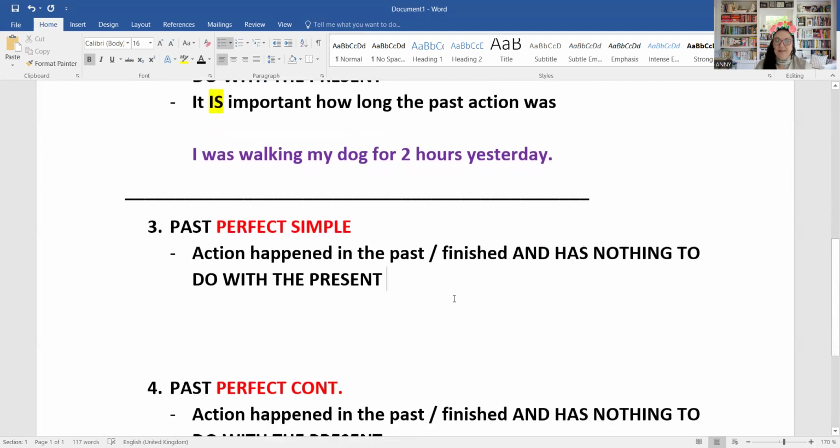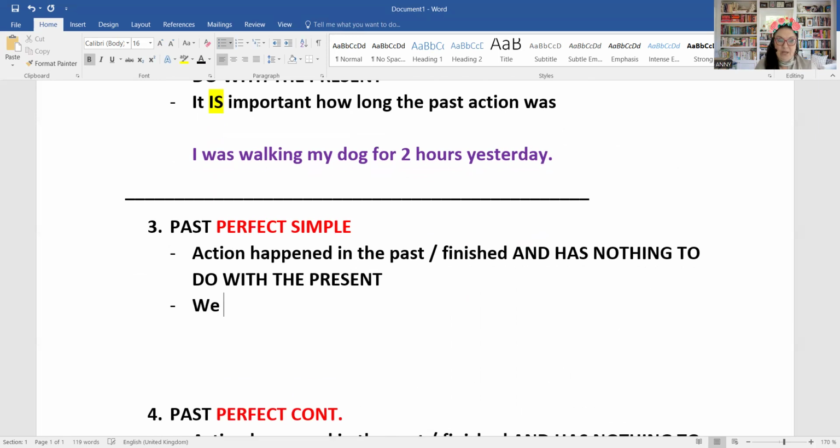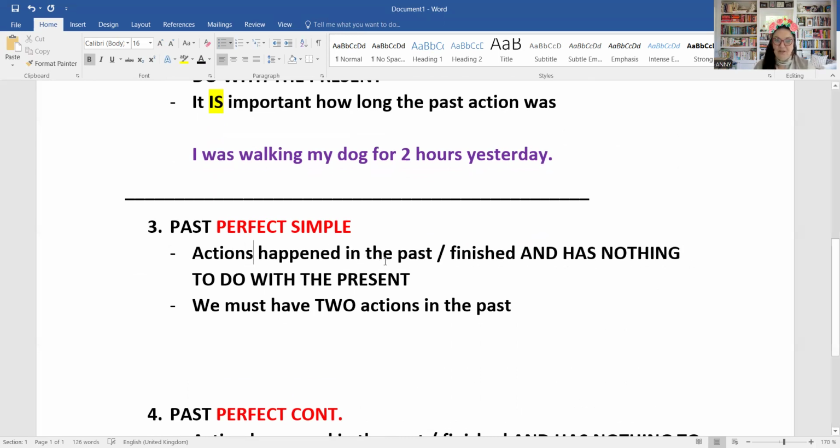Well, for past perfect, look at this. We must have 2 actions in the past. So we need to rewrite the first definition a little bit. Actions happened in the past, finished in the past, and have nothing to do with the present. So we must have 2 actions in the past. 1 action happened first, which means that it is older.